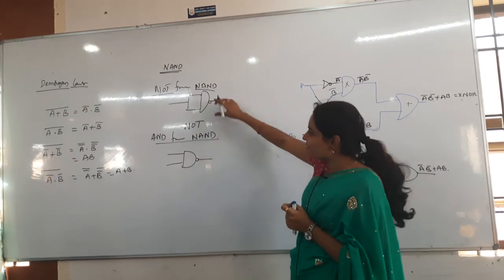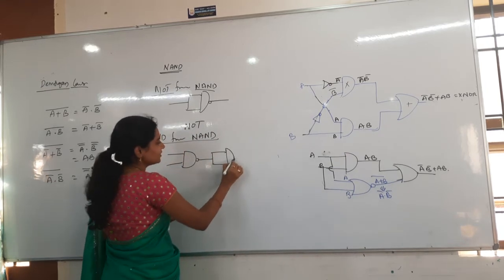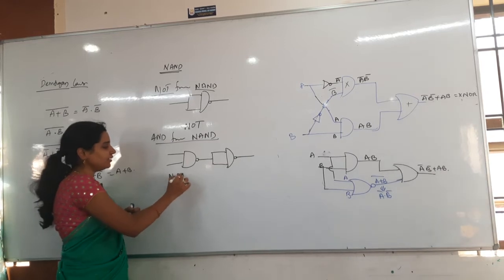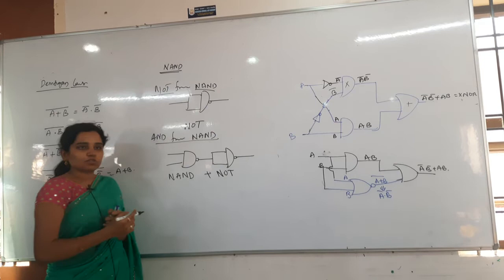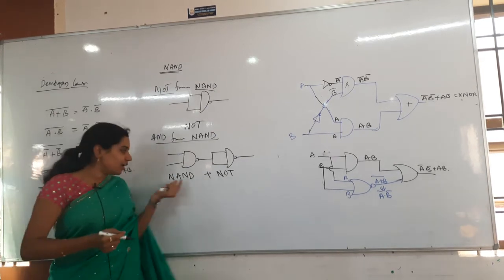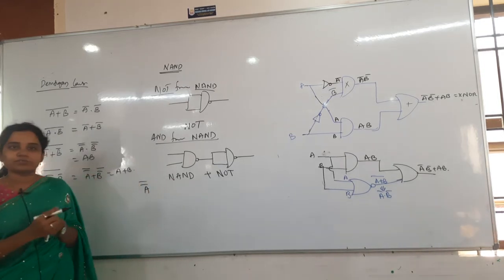So what I can do here is take another NAND gate like this. This is NAND, and this is NOT. So what happens? NOT and then NOT gets cancelled. I said already, A bar whole bar is A only.